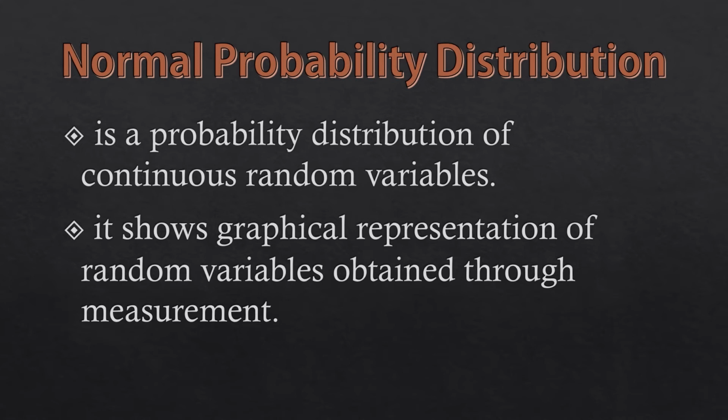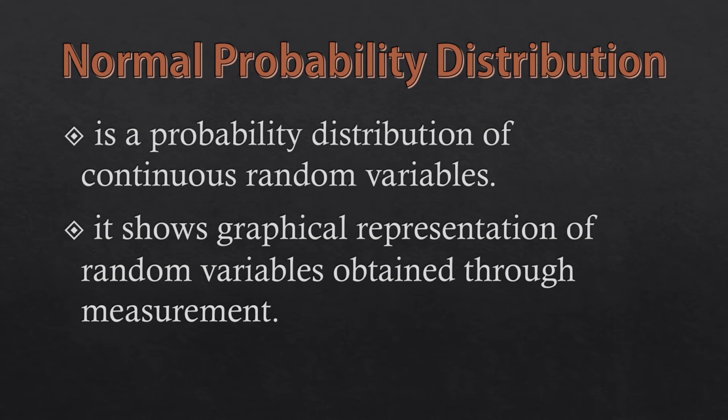This normal probability distribution is used to describe the characteristics of populations, and will help us visualize the inference we make about the population. It is also used to determine the probabilities and percentiles of the continuous random variables. So that is the normal probability distribution.